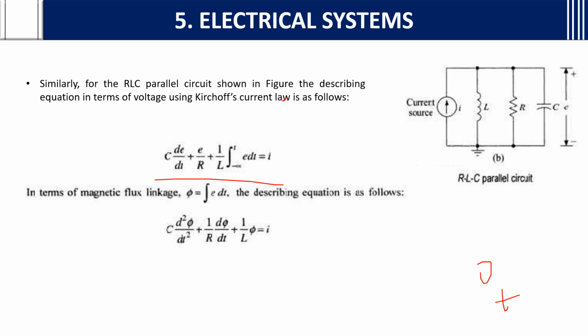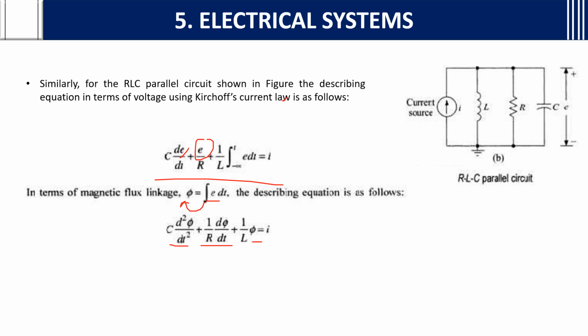So in place of phi we can write integral E dt, and in place of E we can write d phi by dt. Then you will get C into d square phi by dt square, plus 1 by R into d phi by dt, because we are substituting in terms of E. If integration goes to this side, E is equal to d phi by dt. So 1 by R d phi by dt plus 1 by L into phi, as integral E dt is nothing but phi, is equal to I.